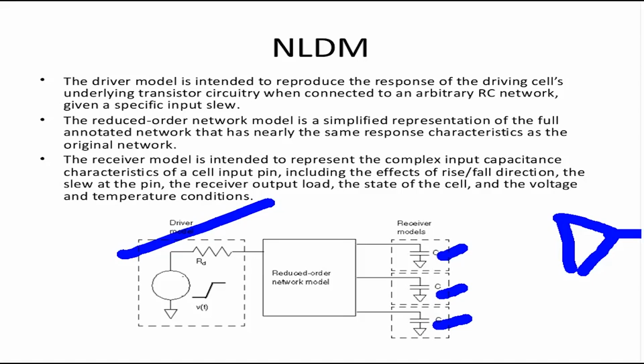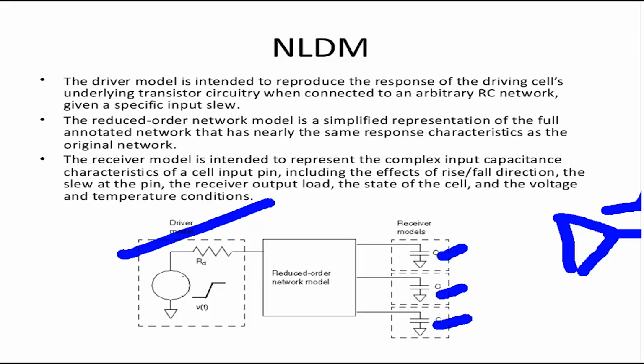The driver model is intended to reproduce the response of the driving cell circuitry when connected to an arbitrary RC network. What it means is that the driver model of a buffer should be independent of the interconnect. Where does the driver model come from? It comes from the standard cell library. At the driver level, PrimeTime will calculate the waveform.